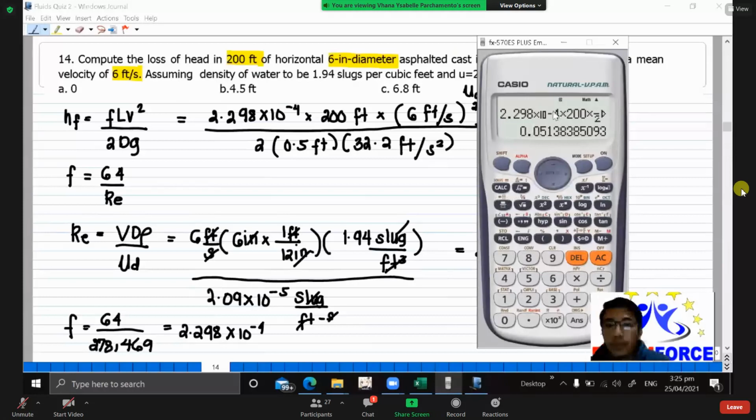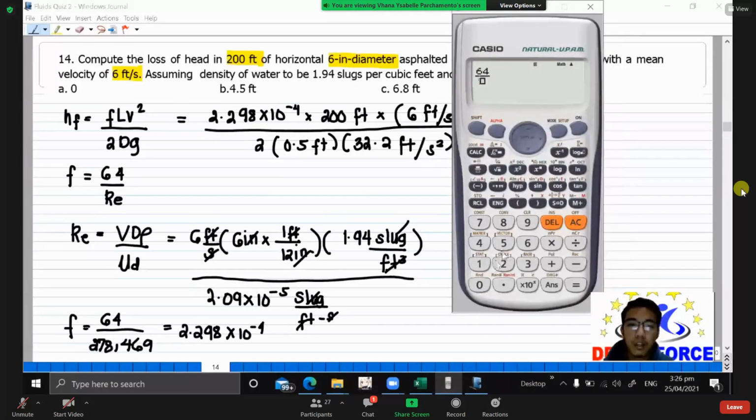Input natin mali. Ano naman? 200, okay, times 6 squared. Kasi dapat makuha natin yung number 14 para makuha natin yung number 15. Ulitin nga natin.